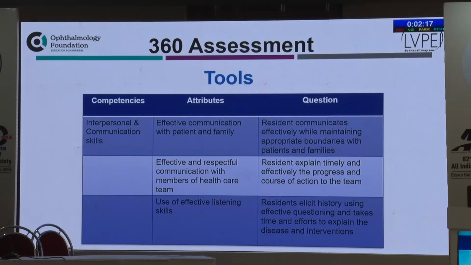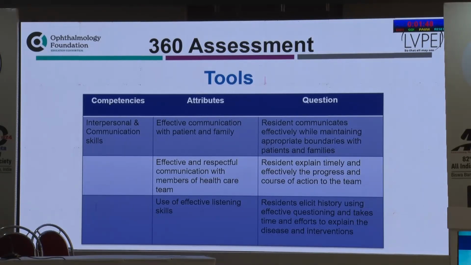For interpersonal skill and communication skill, the attributes that you are going to be evaluating are effective communication with the patient and family, effective and respectful communication with the members of the healthcare team, and use of effective listening skills, because they are the key attributes. And the question can be: resident communicates effectively while maintaining appropriate boundaries with the patient and families.